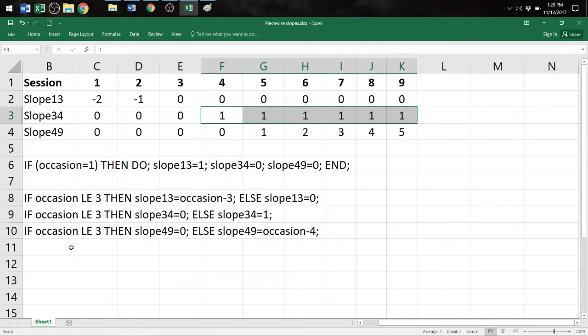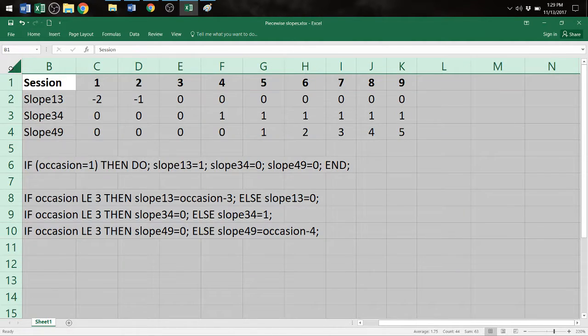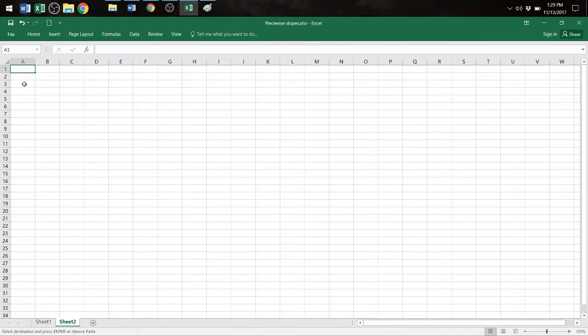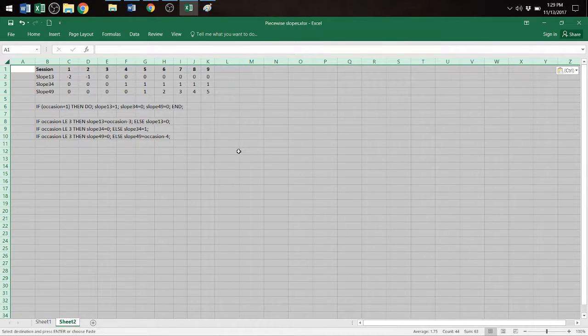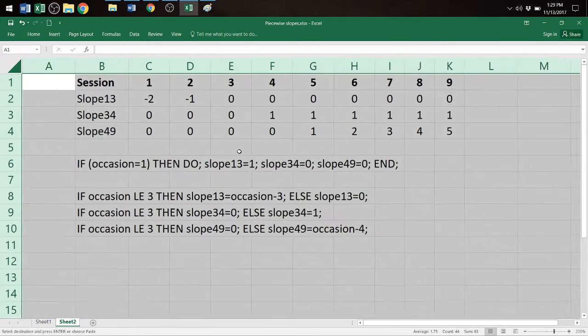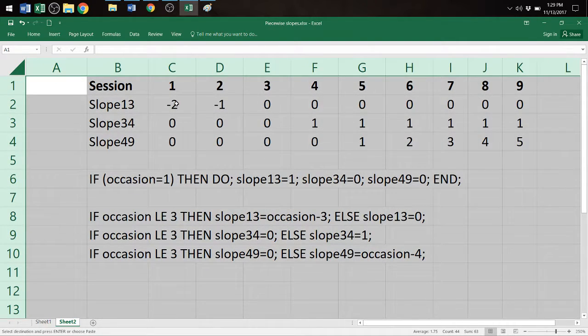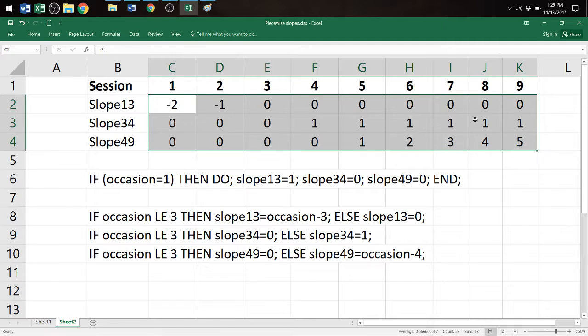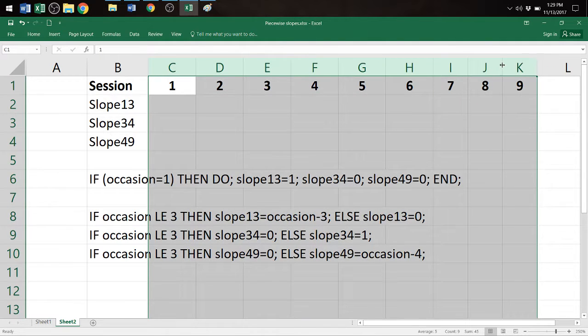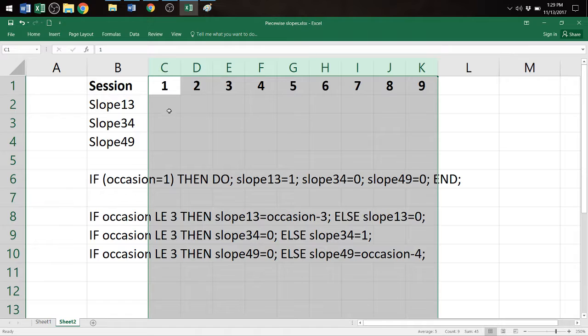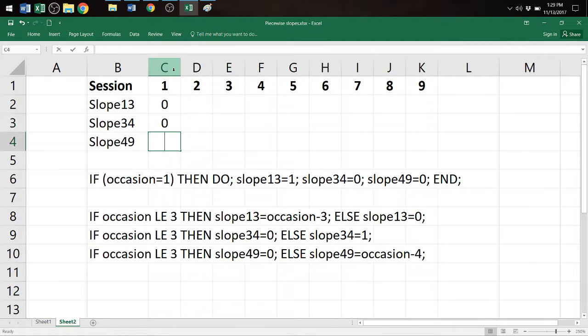If we were going forward in time, let's say we put the intercept at the beginning. We had the same slopes, but we wanted our intercept to be at the first occasion. Let's go 0, 0, 0. What goes here? If I want slope 1,3: 1, 2.